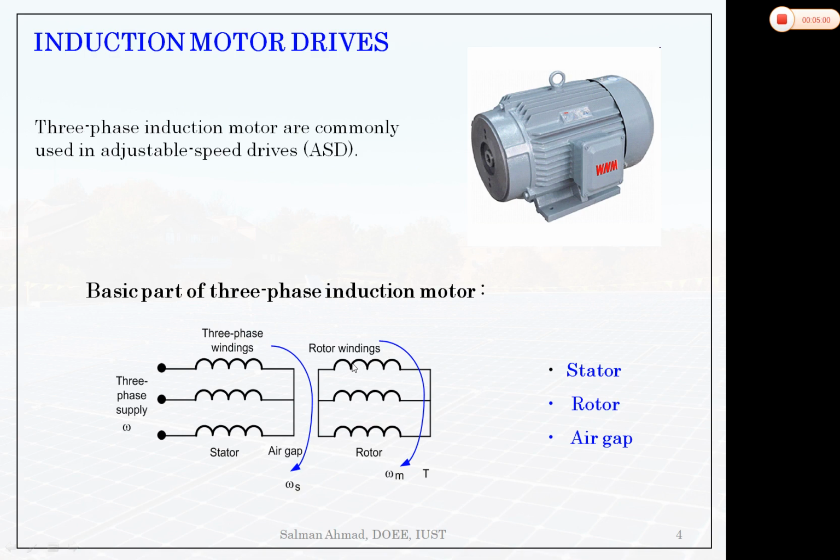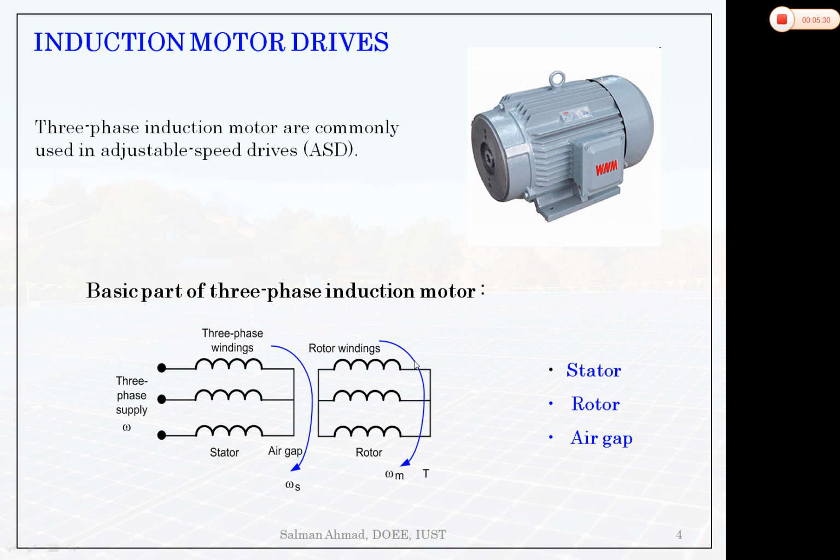Now you can see here that the rotor conductors are connected. So whenever there is relative motion between magnetic field and conductor, there will be induced voltage. So the rotor is at standstill initially. This synchronously rotating magnetic field will cut this conductor, and there will be induced voltage in these conductors.